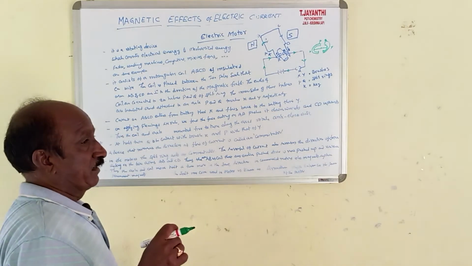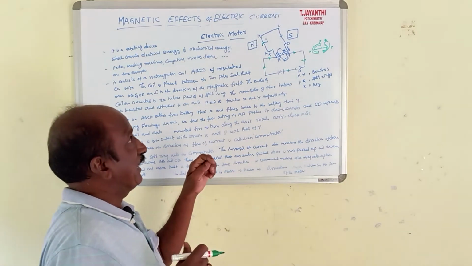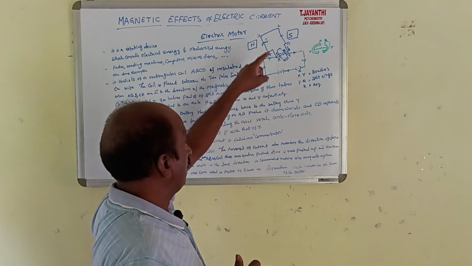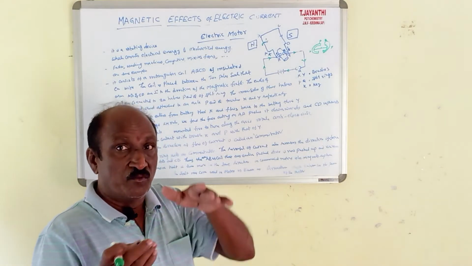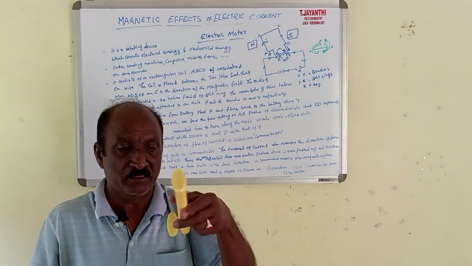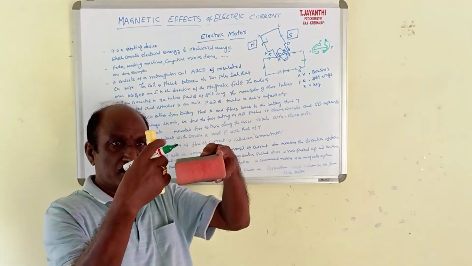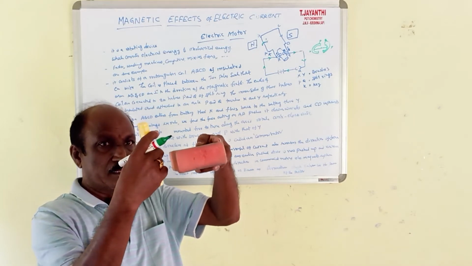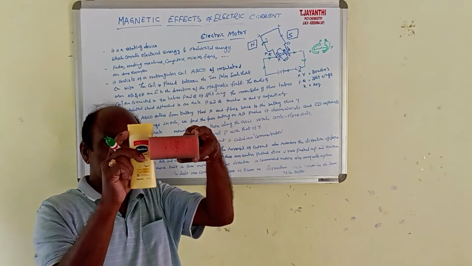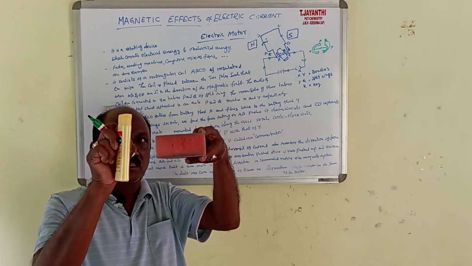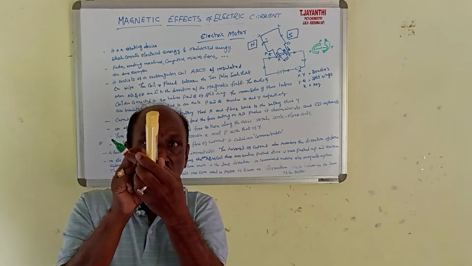On applying Fleming's left hand rule, we find that the force acting on this arm AB, for example, I have presented like this, or else if we see, if this is a pole and this is the ABCD, the force acting on this tries to push it down.